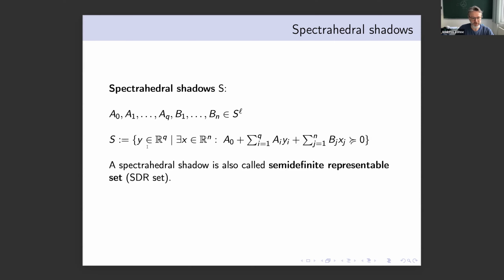A spectrahedral shadow is also called semidefinite representable set or SDR set. And of course, every spectrahedron is also a spectrahedral shadow. Just, it is not said that the B matrices must occur here.